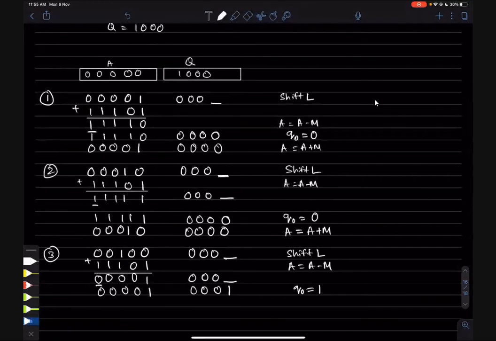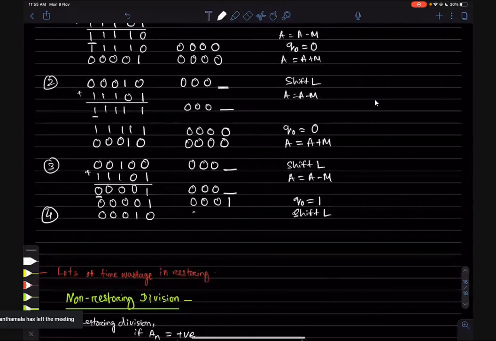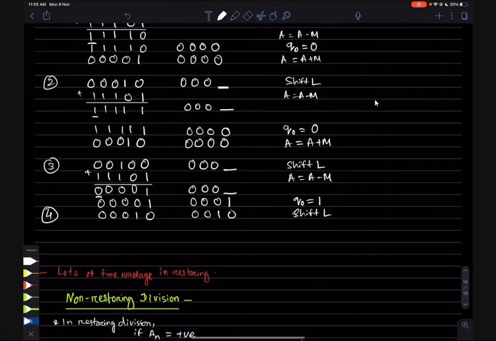No need to restore in this case because our result is positive. Next is the fourth cycle. Again shift left: 0 0 0 1 0 0 0 1 and blank. Okay, shift left is over.